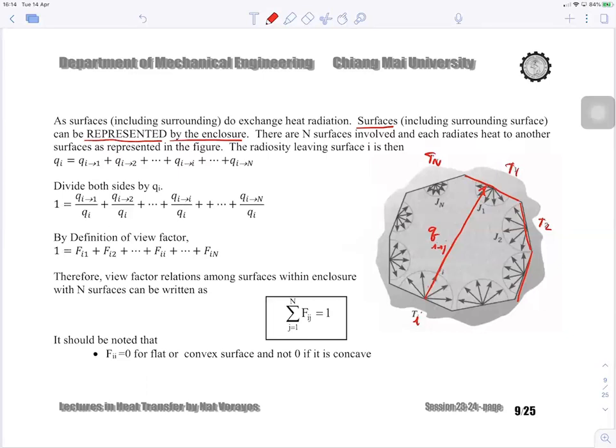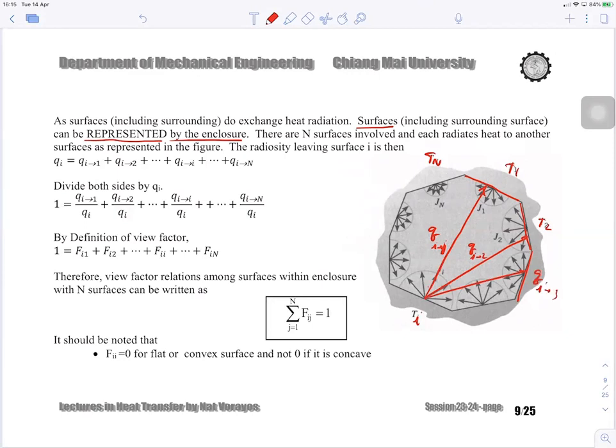And there's going to be the heat radiation from surface i to surface 1, and it's going to be Qi to 2, and Qi to 3, and so on.